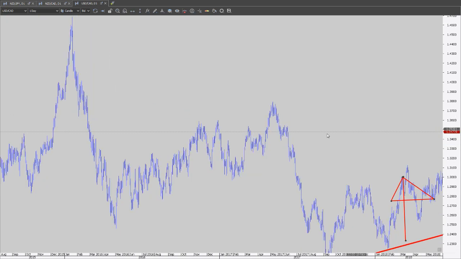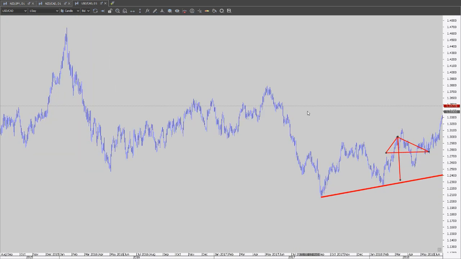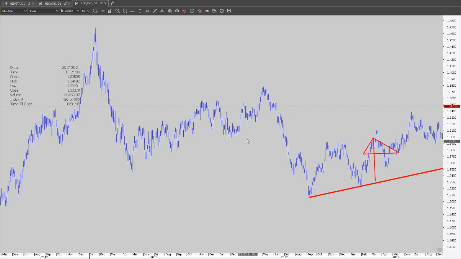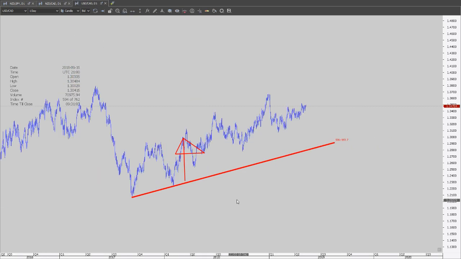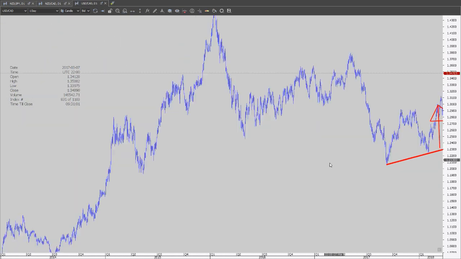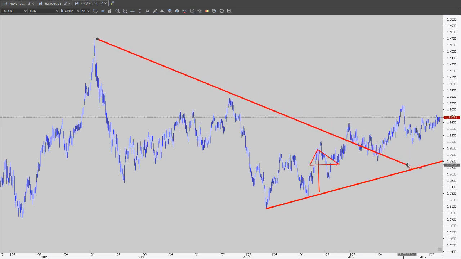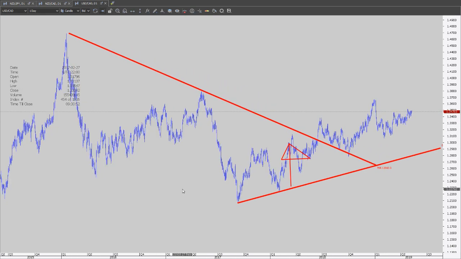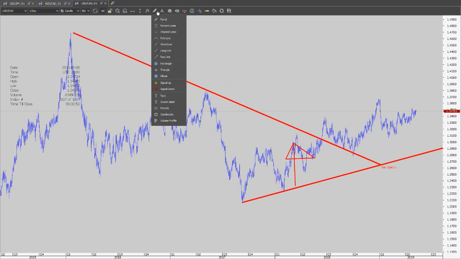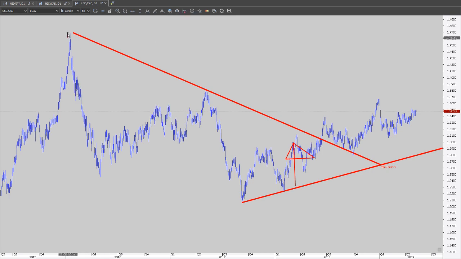So we were in a downtrend right until here. So let me check. Let me see. Okay, so until here, right? This was the structure. This was the down structure, right?